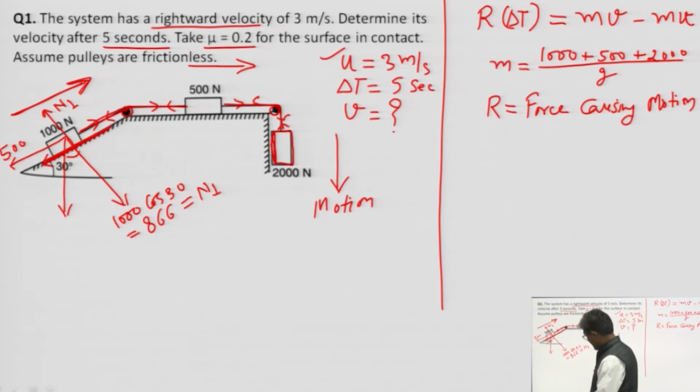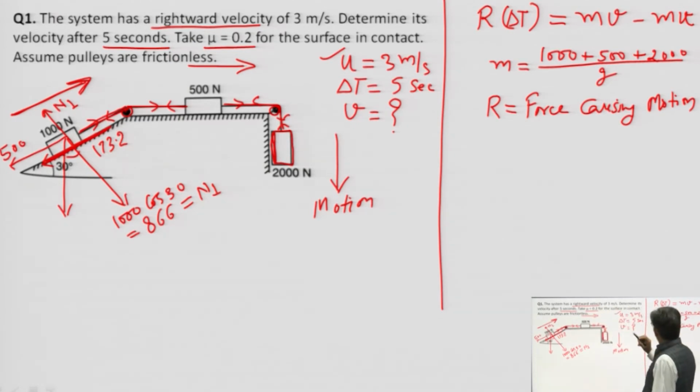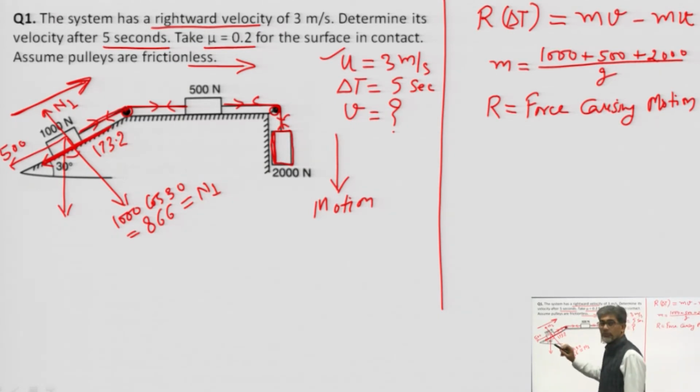So, this is 866 multiplied by 0.2, which means 173.2. This is the value of the friction force for this block. So, what is the force causing motion for this block? The force causing motion for this block consists of two.